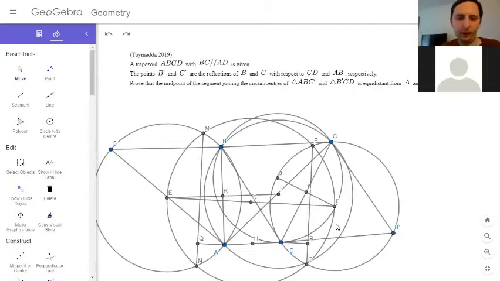Like, what if I use Casey's theorem on point B? So the difference between the powers of B with respect to those two circles is twice EK.